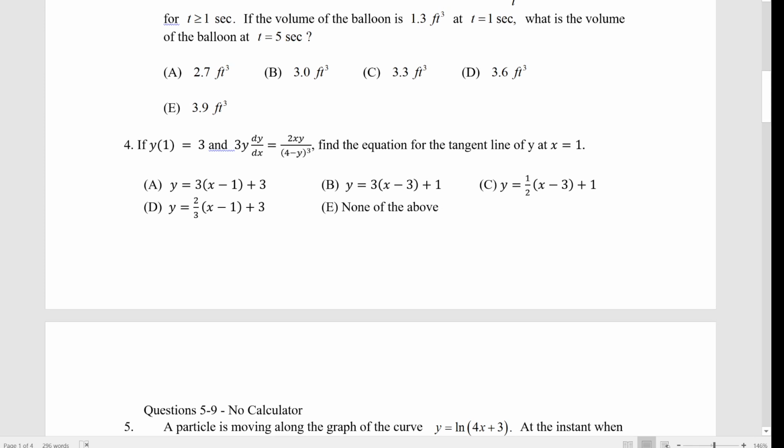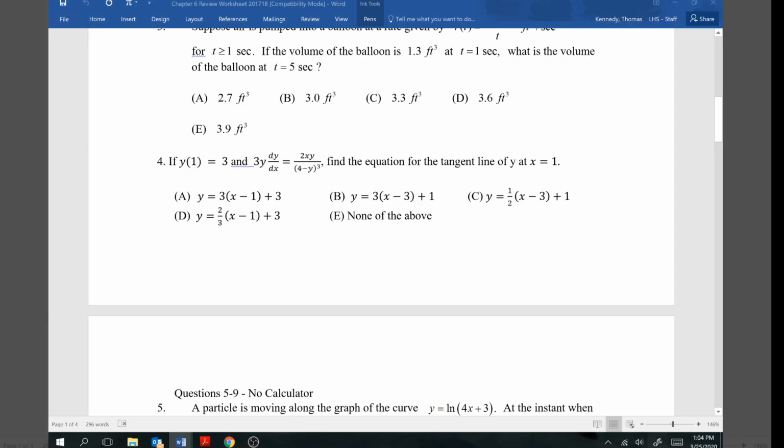I'll start with 4. All right. In 4, we have this differential equation. We're trying to find the equation of the tangent line at x equals 1. So we plug in 1 for x, and we plug in 3 for y, because when x is 1, y is 3.